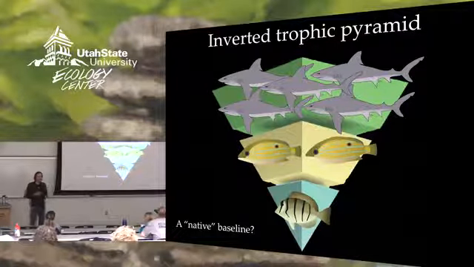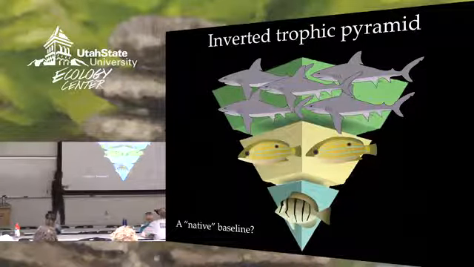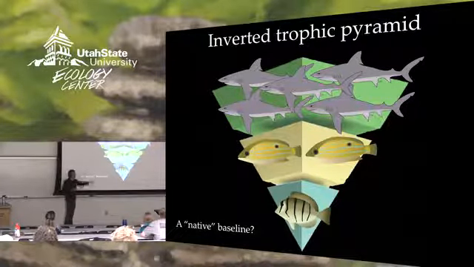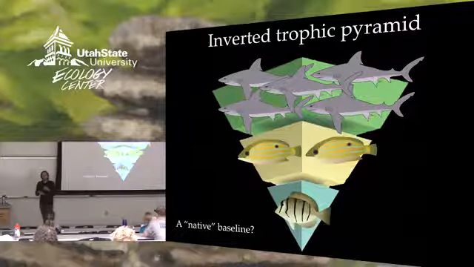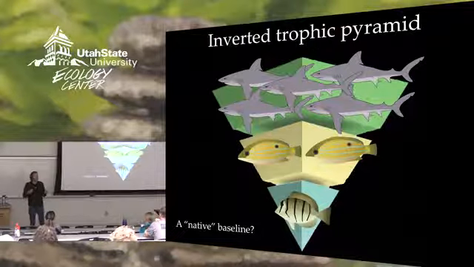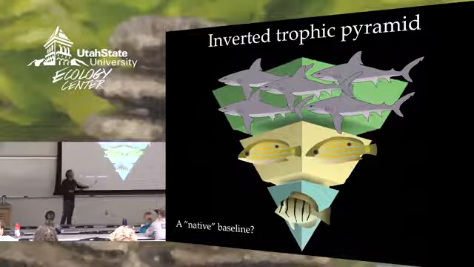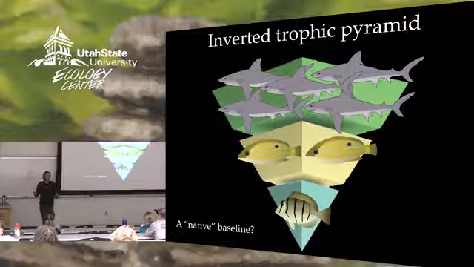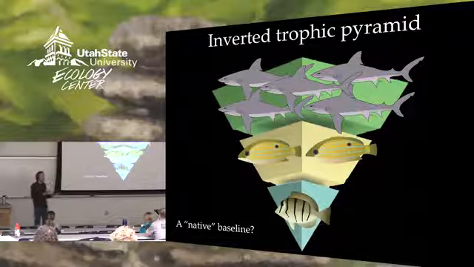And one of the reasons I was so intrigued by this odd structure is that some folks that first described these inverted trophic pyramids in different sections of our global oceans were finding them often in pristine places, less fished places, and they were describing them as potentially a kind of native architecture, a pre-disturbance architecture that was only found in these unusually undisturbed spots.